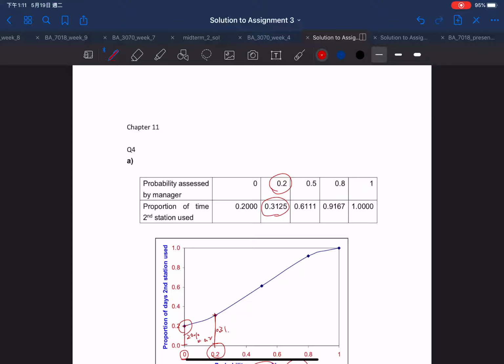So basically you add up these two numbers. This is out of how many days in total, and this is the number of days the second station was used. So 8 out of 40, that's 0.2. That's what I'm saying. In the textbook, it gives you the number. You just need to calculate it. Any more questions?